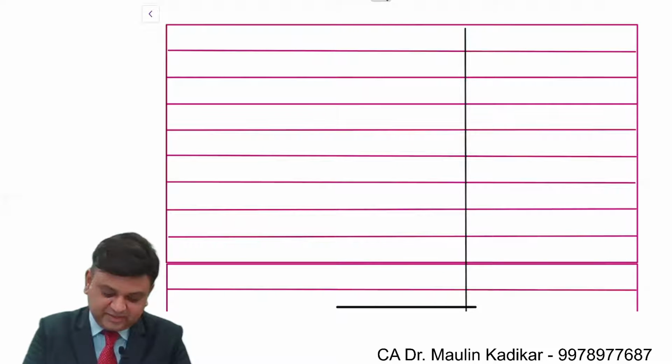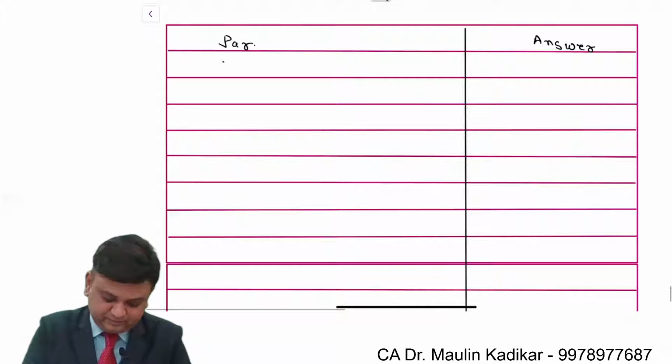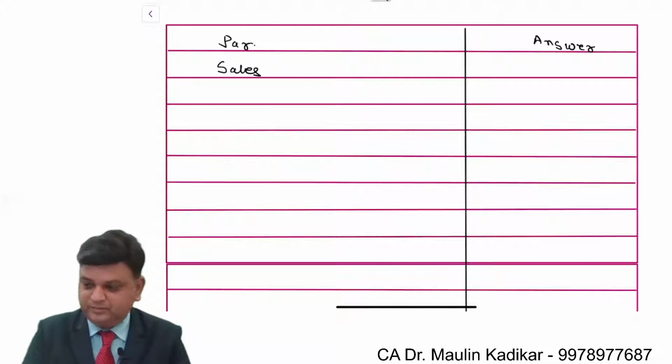So let us start with the answer. Calculation of earning per share. We start with the sales value. Sales value is given, 1 lakh.